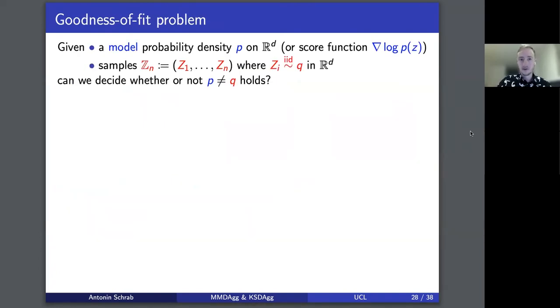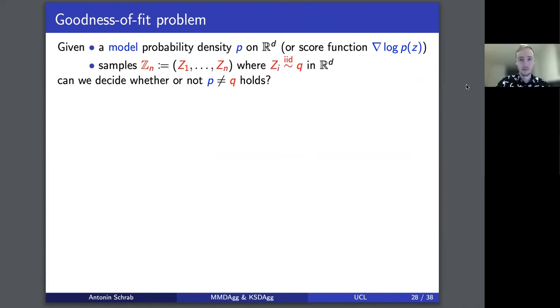So what is the goodness of fit problem? You're probably familiar with it. We're given a model, so that is a probability density P on R^d, or actually it's enough if we're just given the score function. So the score function is the gradient of the log density.